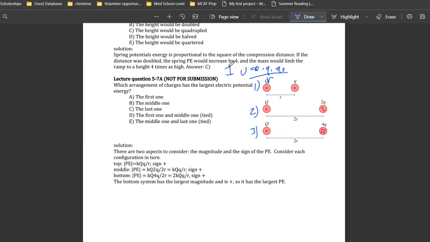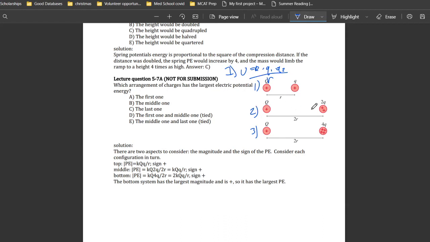So for system 1, the electric potential energy is equal to the K constant times charge 1, let's just denote it as 1Q, times charge 2, which is also denoted by 1Q, divided by distance R. So that is all noted in the equation for number 1.